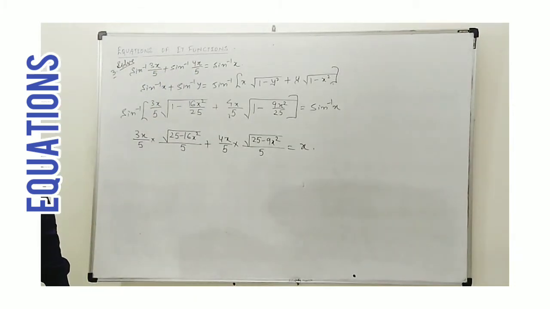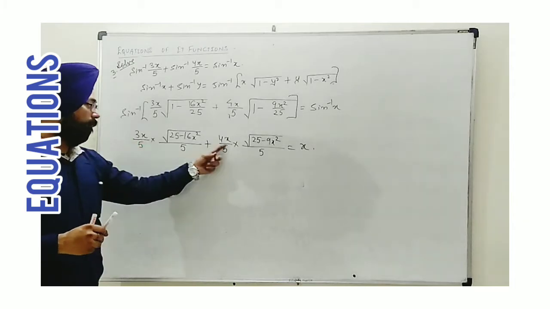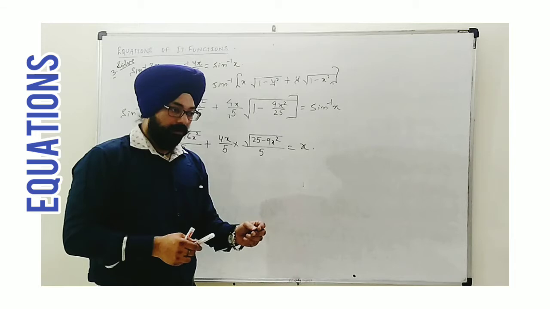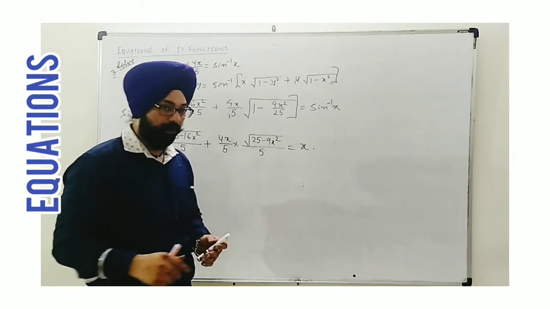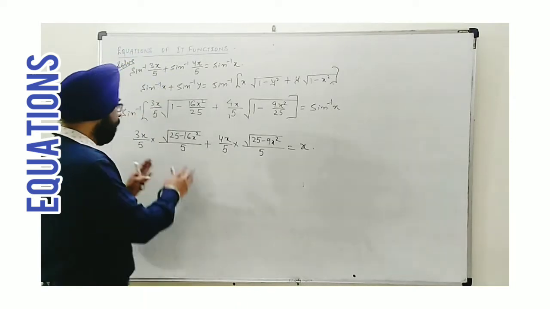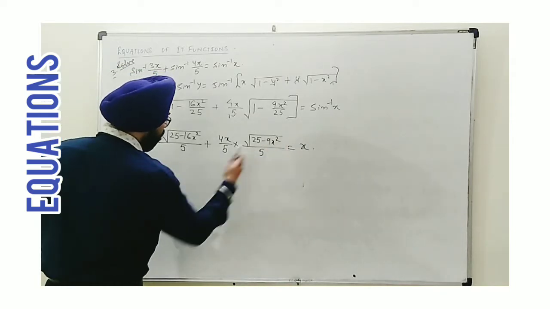Now, the mistake committed by students in general is that all the terms are having x, so they directly cancel it out. I always suggest do not take such steps in general. Why? Because this is like killing the roots. This equation can be solved in a different way. How? This x can be shifted to the left hand side.